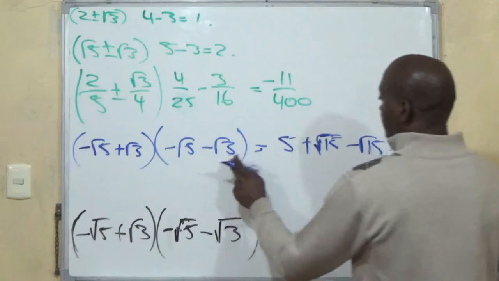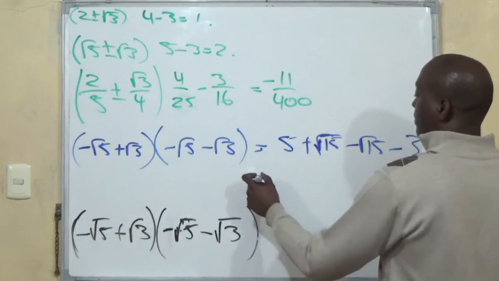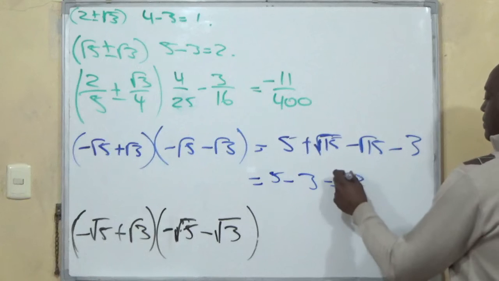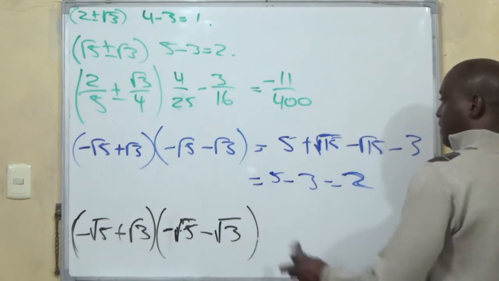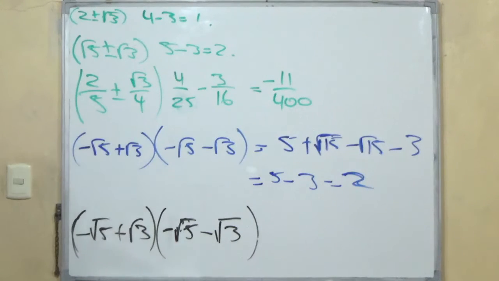Plus root 3 by minus root 3 is minus 3. That's gone, so you get 5 minus 3, which is equal to 2. Take 2 minutes and watch it again. You see how nice it's looking?